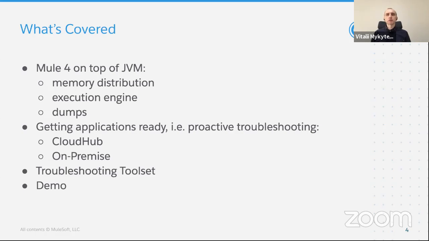And we consider the importance and why we need thread dumps and heap dumps in order to have the full picture when troubleshooting application problems. We also will talk about how we get applications ready, or how we do proactive troubleshooting when deploying applications to CloudHub and on-premise.